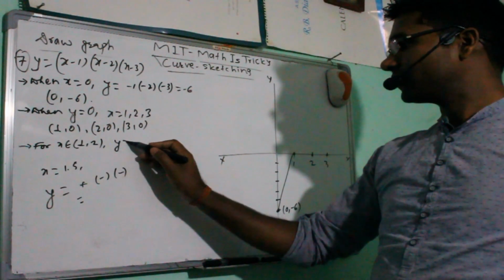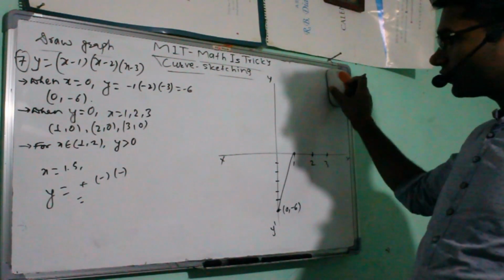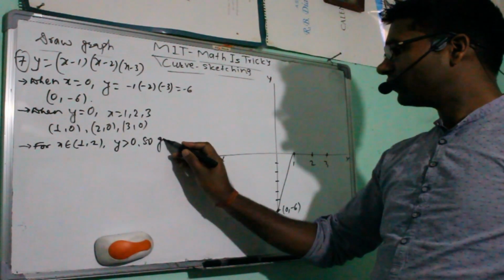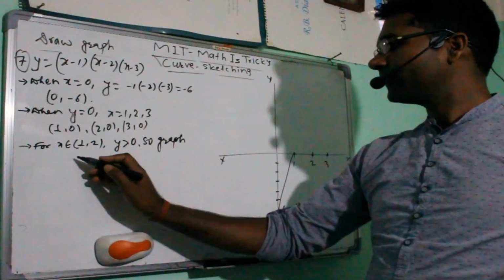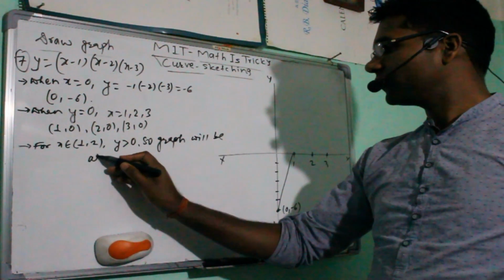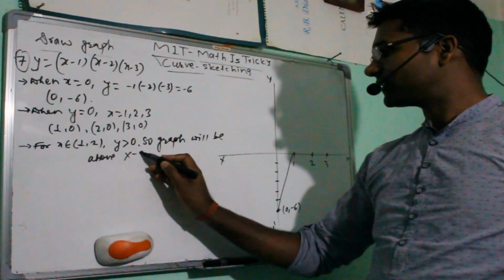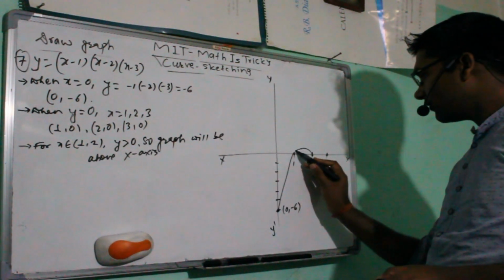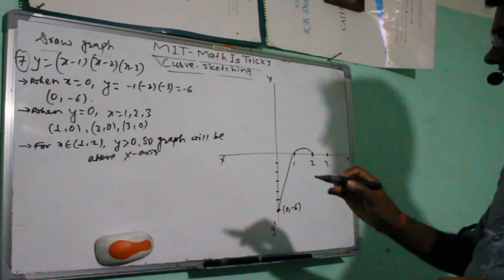That means y is positive, isn't it? So the graph will be above the x-axis. Do like this. It is a curve.